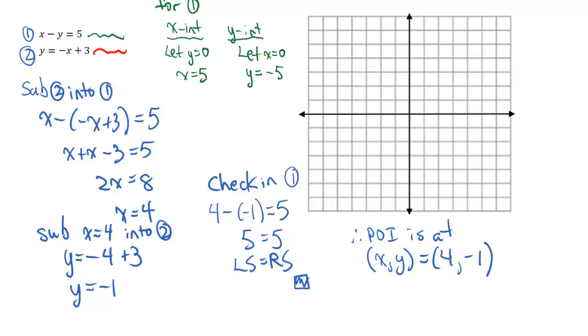Now, for 2, I'm going to use y equals mx plus b. And this tells me my slope is -1 over 1, and my y-intercept is 3.